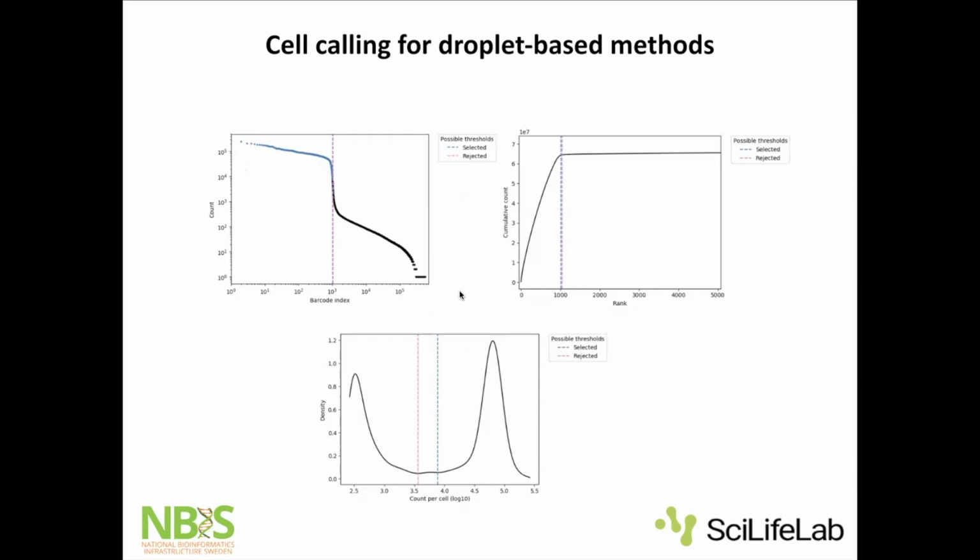The empty droplets also contain some background RNAs and will have counts. If you have a nice experiment, it should look like this. It's easy to draw the cutoff: everything up here is cells, everything down there is empty droplets. There are different ways to define this inflection point, depending on how you plot them, but the idea is the same, to find this point.